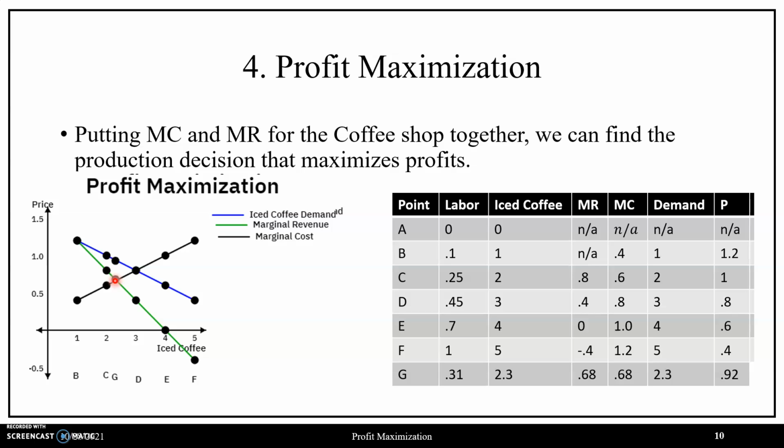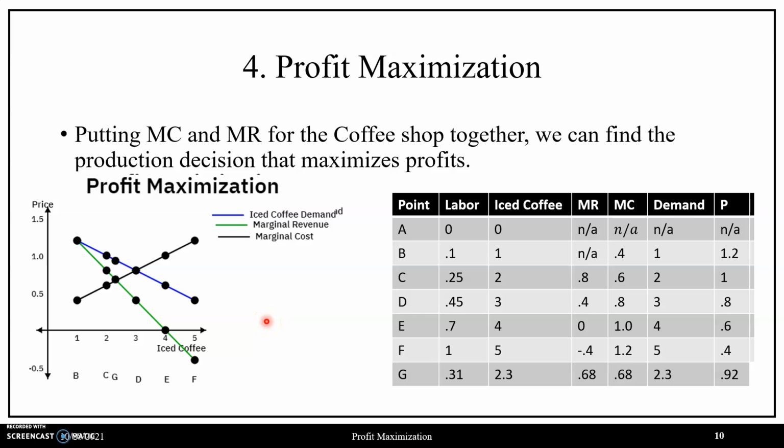Where at this point, this generates our profit maximizing quantity in terms of iced coffee. We're looking at point G in our table representation. We see it corresponds to 2.3 units of iced coffee. And since this firm is monopolistically competitive and they have market power, as we did with the oligopoly and monopoly case, they then use this quantity level to move up to the demand curve and use this in terms of their pricing strategy, where on the demand curve at point G, 2.3 units of output, we see that households are willing to pay a price point of 92 cents.